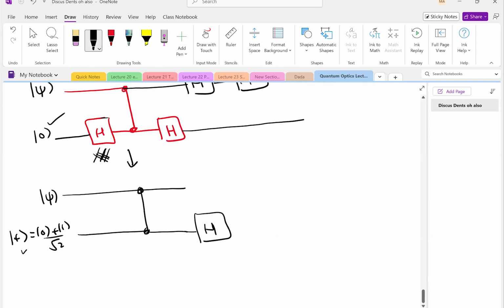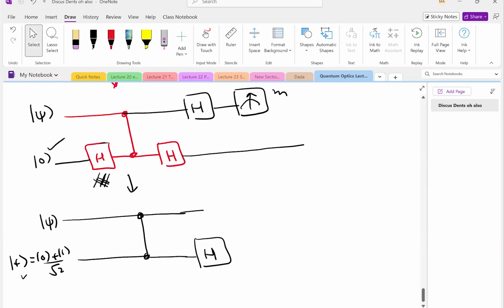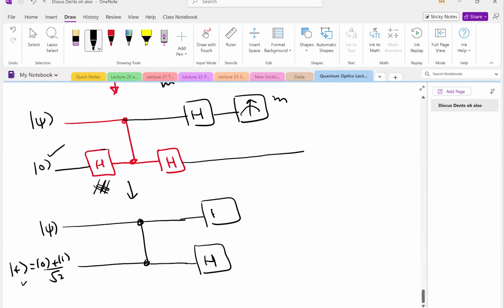Hadamard, and Hadamard here, measurement. So here I still have the state Z^M psi.